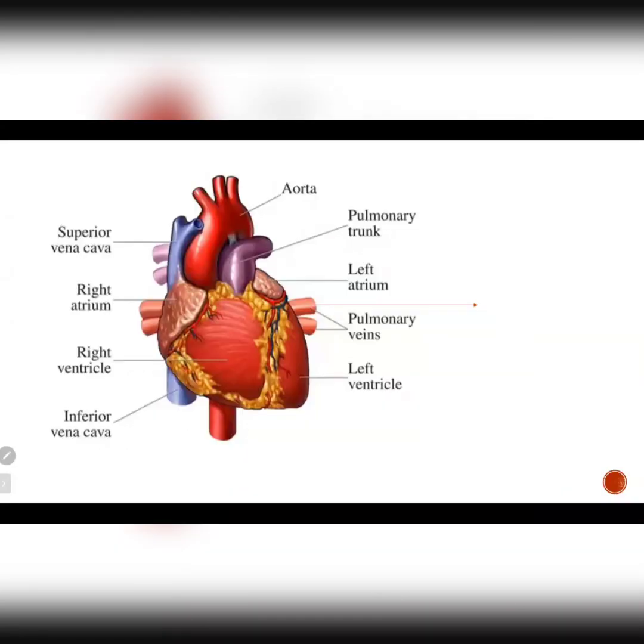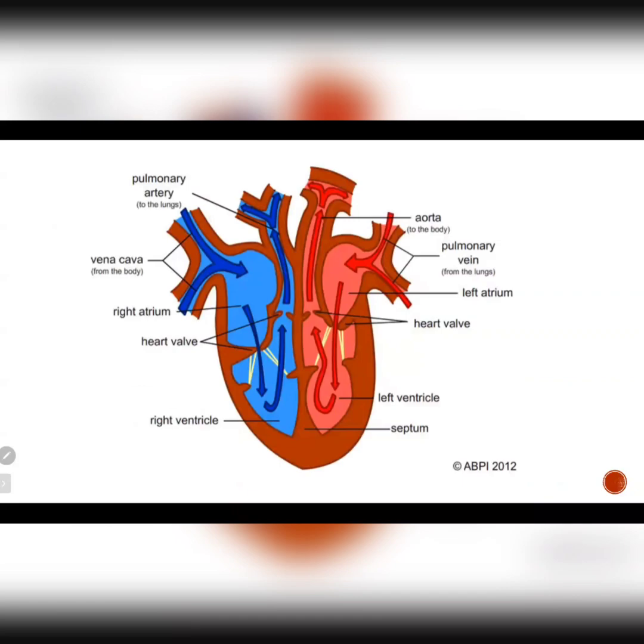So let's take a small revision of what you had learned in your biology classes. Remember that you had learned the deoxygenated blood will reach the heart through the superior and inferior vena cava.